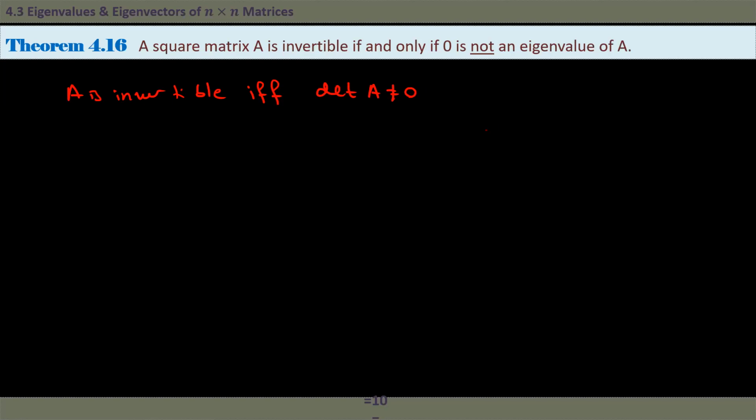Which is equivalent to the determinant of A minus 0 times lambda I not being equal to 0, right? Which says that 0 is not a root of the characteristic equation of A. So that means that 0 is not an eigenvalue of A.